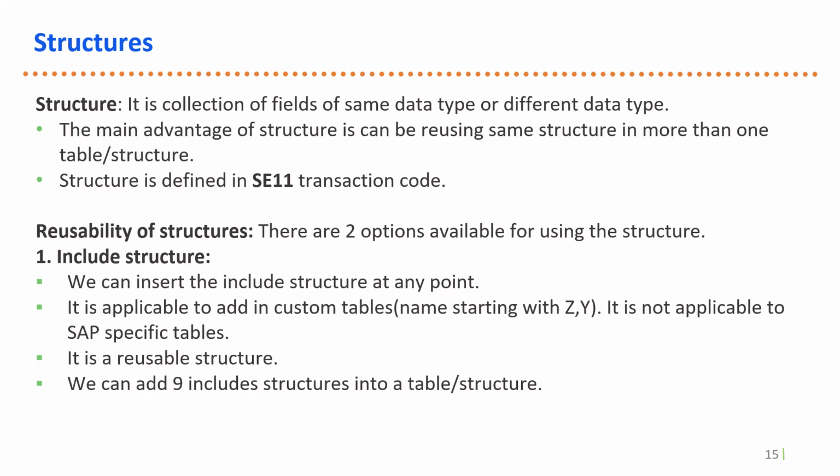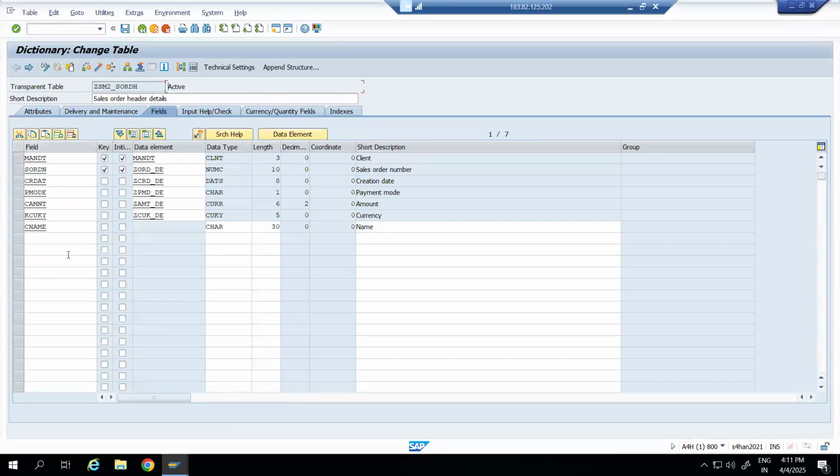Whenever I want to add fields into a table, I need to go to the table and create the field, data element, and domain. So I need to do the same in two tables. Imagine this is a customer table. Here I need to add four fields, and there is one more table like delivery details. In that table also, the same fields I need to add.